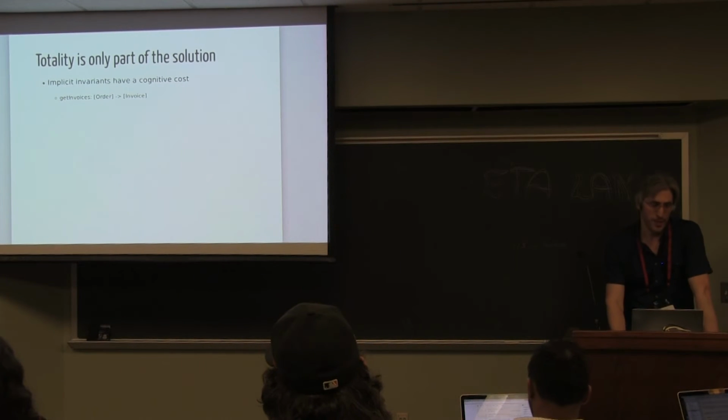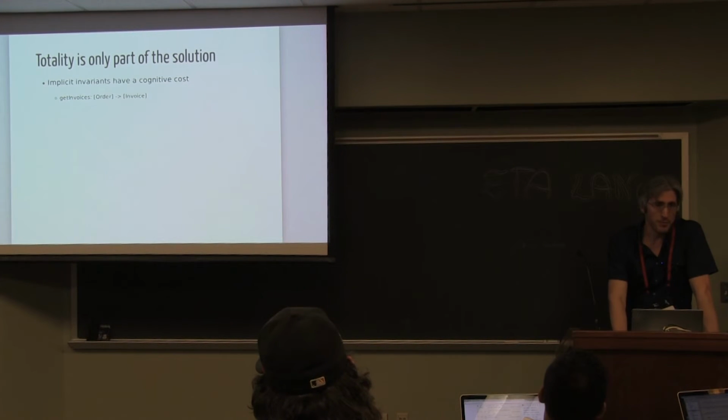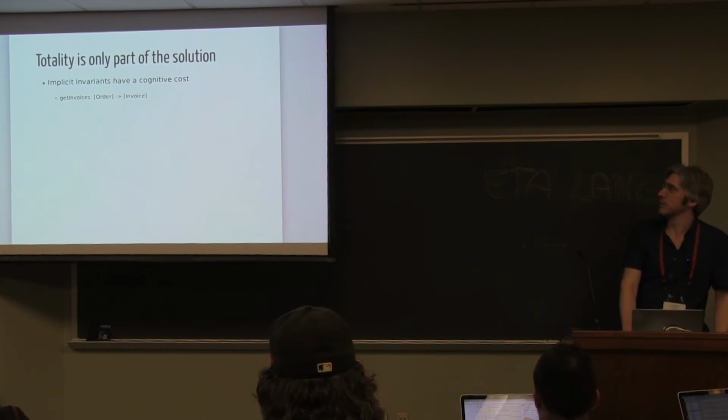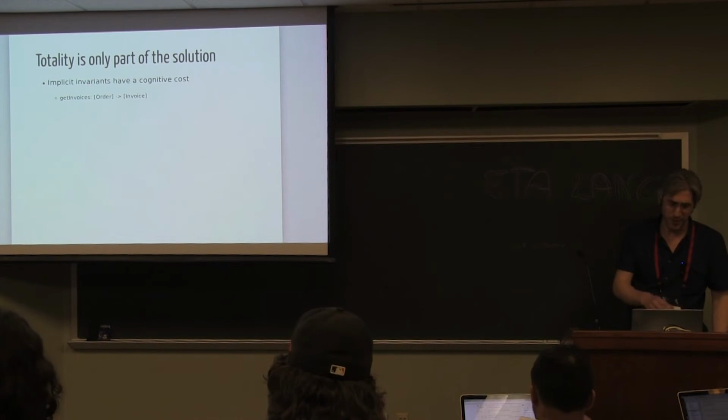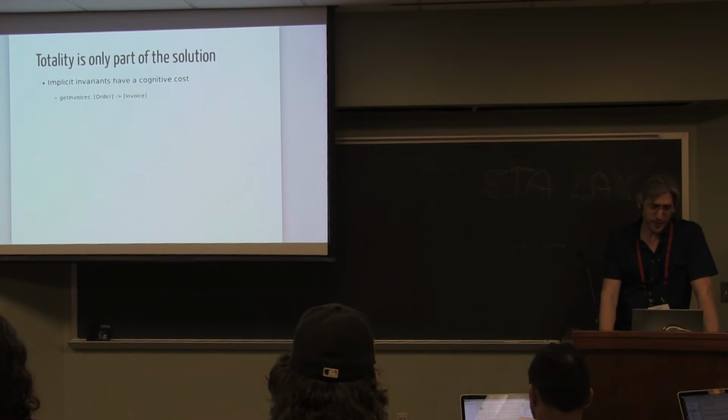But totality is only part of the solution, because we saw how relevant totality is for FP, but there are more subtle problems with total functions. We might have implicit invariants that are hidden.